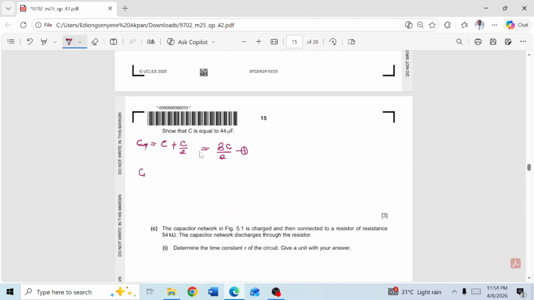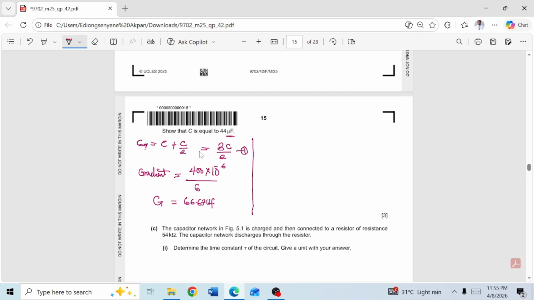Total capacitance being the gradient will be equal to 400 times 10 raised to the power of, okay, we have micro here, so I may not change it. I will still change it back, divided by 6, and this will give us 66.67 microfarad. This is for CT.